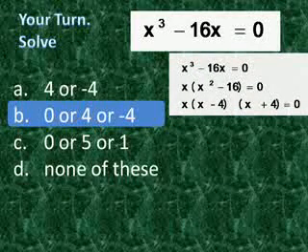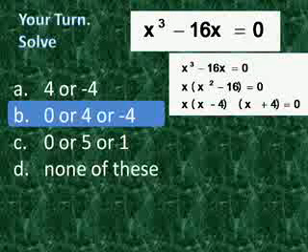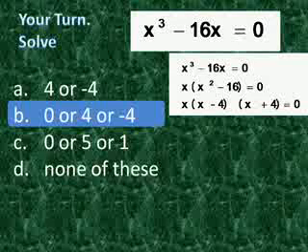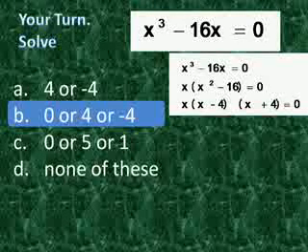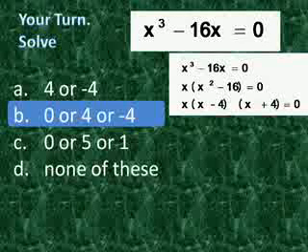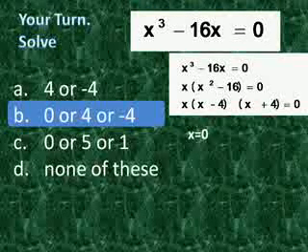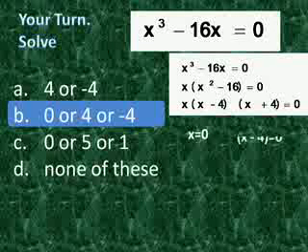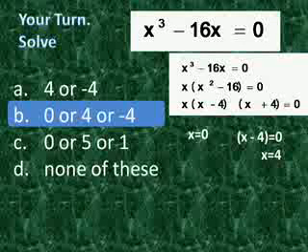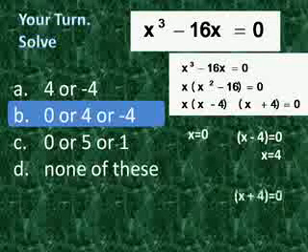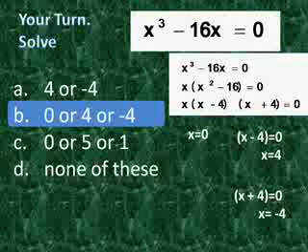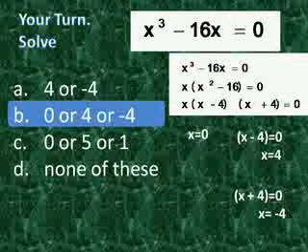First you have to factor the greatest common factor, then x squared minus 16 is the difference of squares. The final equation is x times x minus 4 times x plus 4 equals 0. x is 0 or x minus 4 is 0, or x plus 4 is 0. So x could be 0 or 4 or negative 4.